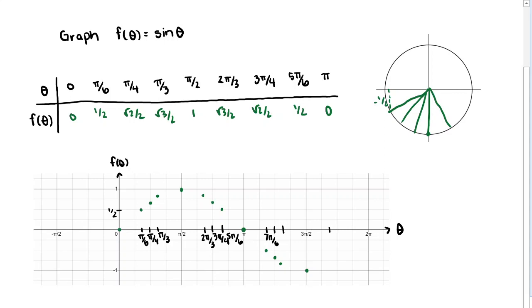We would still have a negative y value of roughly -0.85. At this angle out here, this 45, 45, 90 triangle would correspond to an angle of, what is that? That's 7 pi over 4. And we would have an output value of negative square root of 2 over 2, so roughly -0.7.